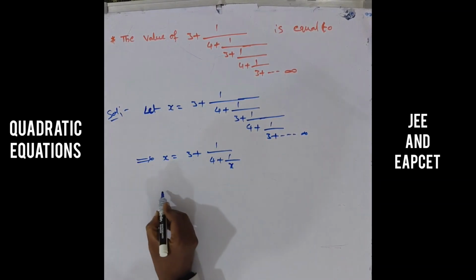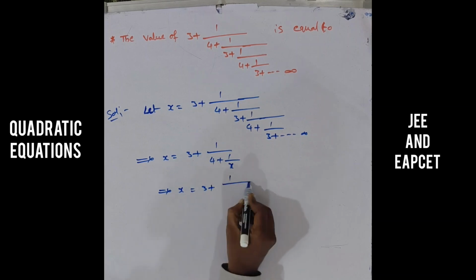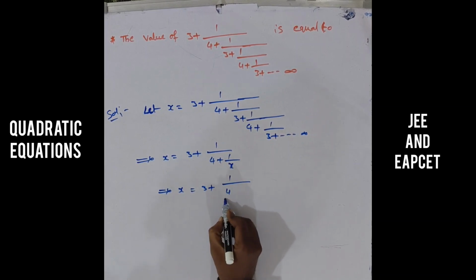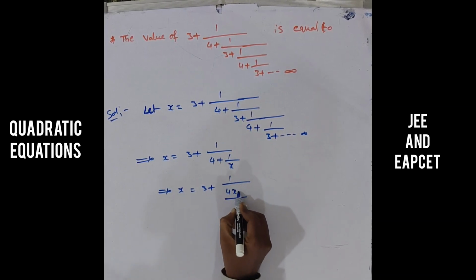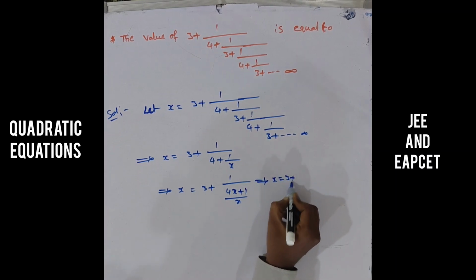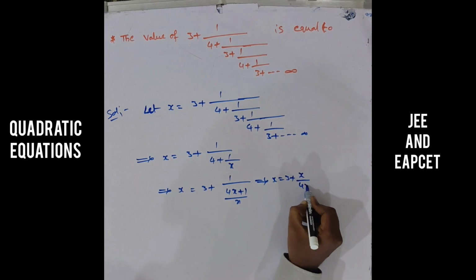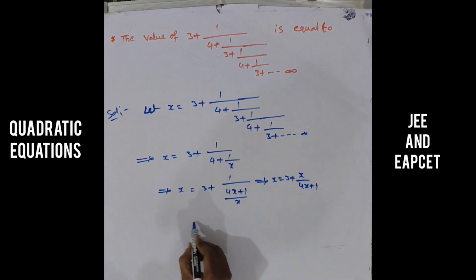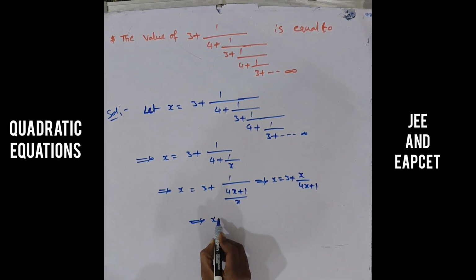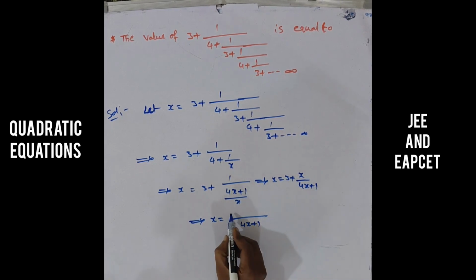So this is x. This implies x is equal to 3 plus 1 by, here LCM x, 4 into x, 4x plus 1. That implies x is equal to 3 plus 4x plus 1 by x, taking numerator x by 4x plus 1. This implies x is equal to, here LCM 4x plus 1, 3 into 4x plus 1 plus x.